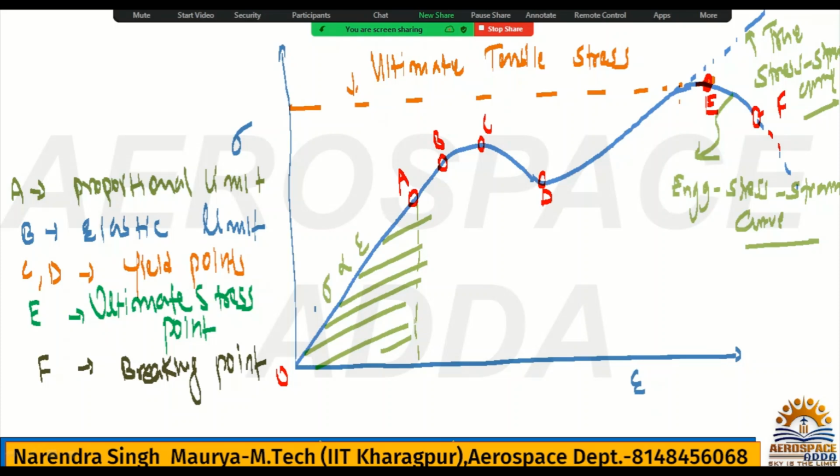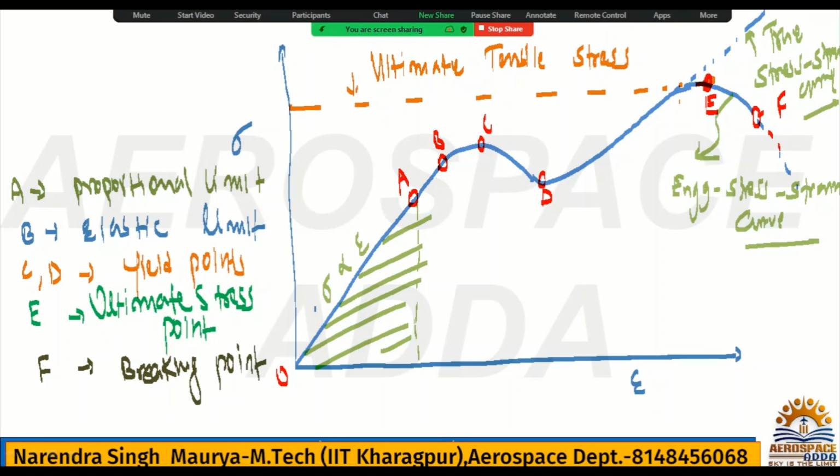Similarly, what are the yield points? See the yield points, basically C and D. C will be the upper yield point and D will be the lower yield point. So what is yielding? First you should know yielding. If the material is stressed beyond point B, if you again increase the load and go beyond point B, then plastic deformation starts.